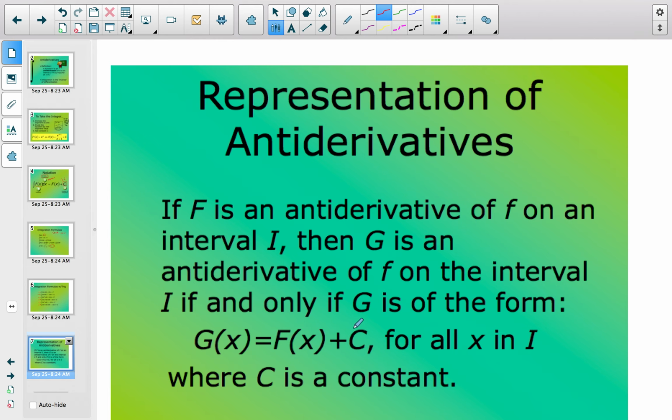So G encompasses all the antiderivatives, F is a distinct antiderivative, and G is all constants added to F of x right here. Okay.